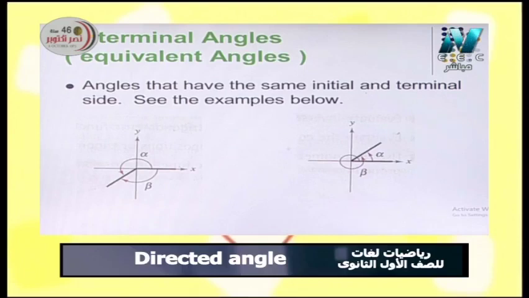Coterminal angles. What are coterminal angles or equivalent angles? Here we have an alpha angle, and it's in the anti-clockwise direction, so it is positive. Look carefully. We turn one round and go to the same terminal side.